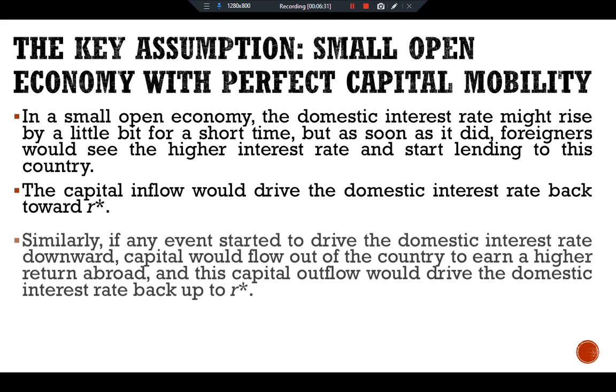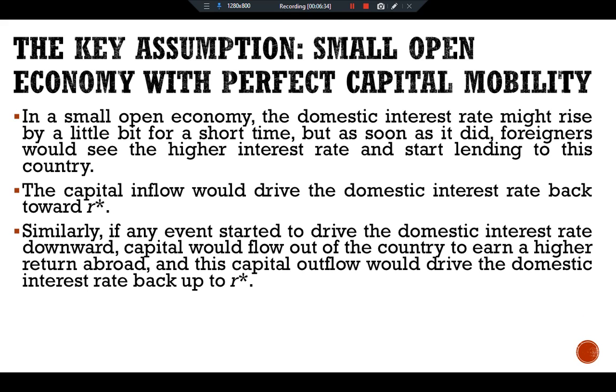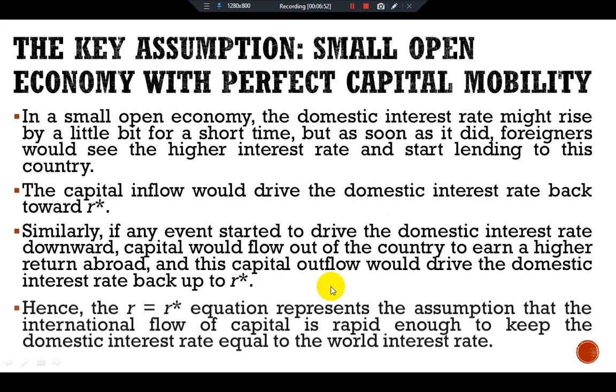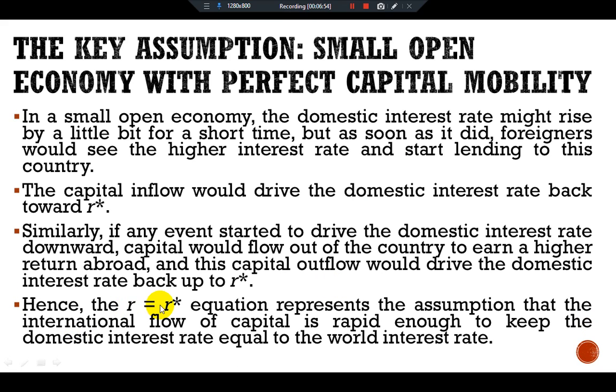Similarly, if any event started to drive the domestic interest rate downward, capital would flow out of the country to earn a higher return abroad, and this capital outflow would drive the domestic interest rate back up to r*. Hence the equation r = r* represents the assumption that the international flow of capital is rapid enough to keep the domestic interest rate equal to the world interest rate.